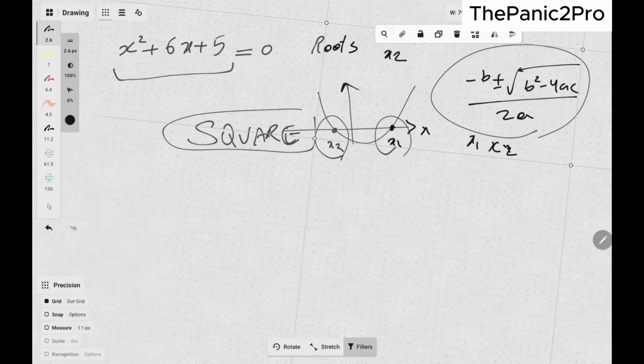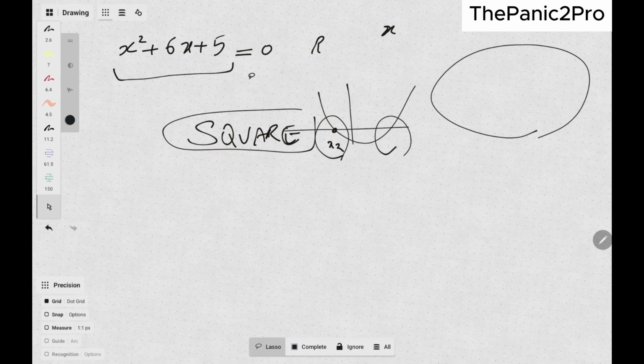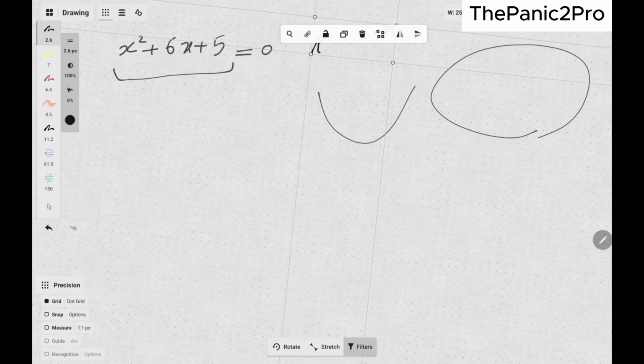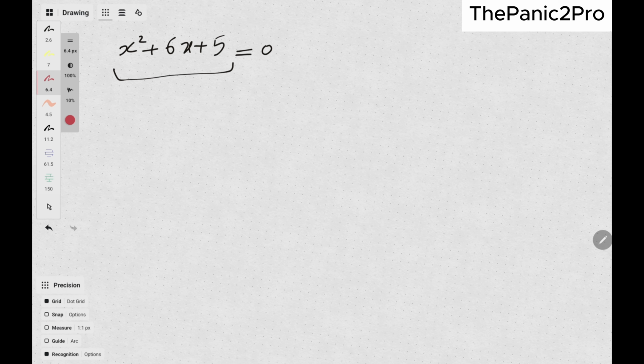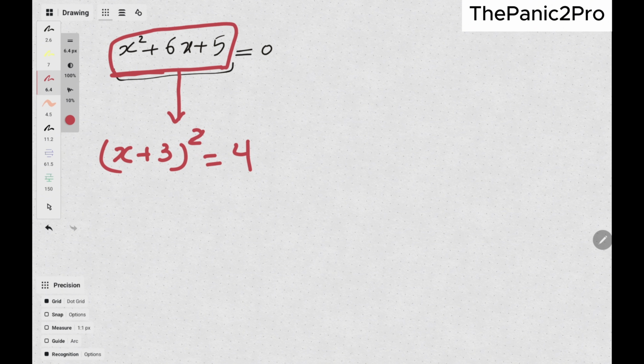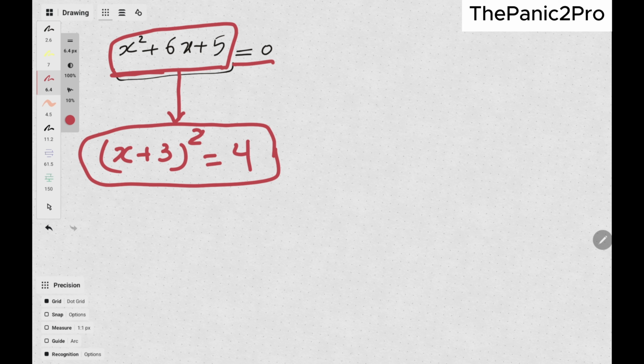Okay, let me get rid of this stuff. Okay, let's pretend that instead of this, you are given this. If I tell you that instead of this equals 0 you can solve this equation, which one is easier?